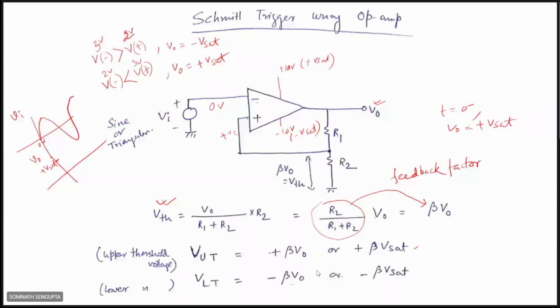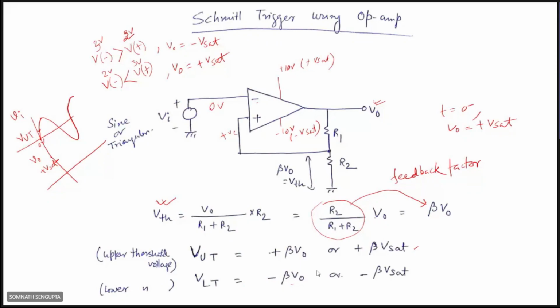So a time will come when the input voltage will cross the threshold voltage, that is the upper threshold voltage VUT, equal to beta times plus Vsat, because it is the voltage across R2 which is coming here, and the input is changing.